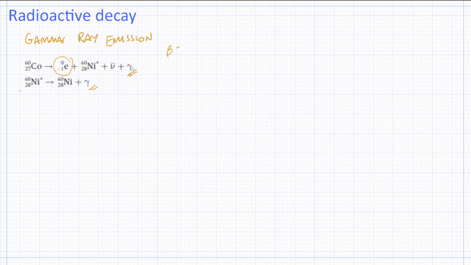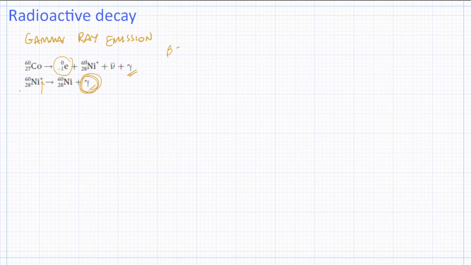Beta minus decay, and then gamma radiation. So you see here your nickel becomes nickel, but with some gamma radiation. This asterisk here denotes that this particular atom is in an excited state. So it wants to give off some energy, and this is the energy that it's going to release.